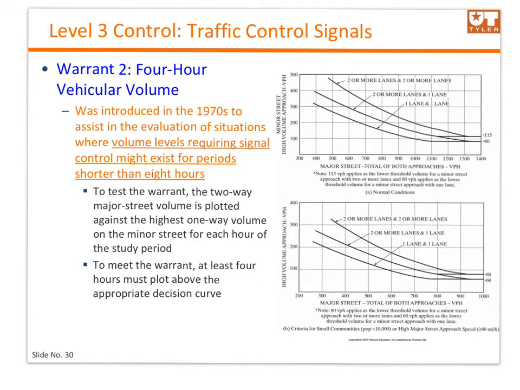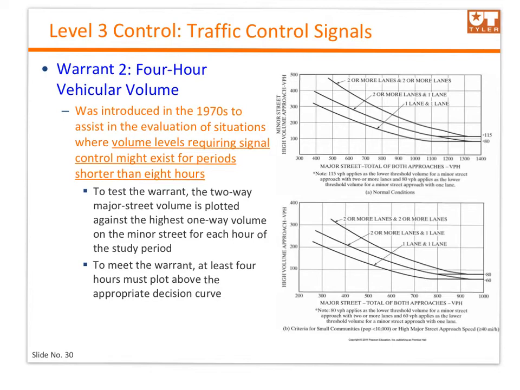Okay, how about now warrant 2? Warrant 2 is related to the 4-hour vehicular volume. This warrant was introduced in the 1970s in order to assist in the evaluation of situations where volume levels requiring signal control might exist for periods shorter than 8 hours.